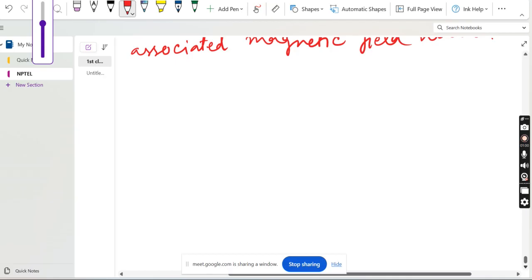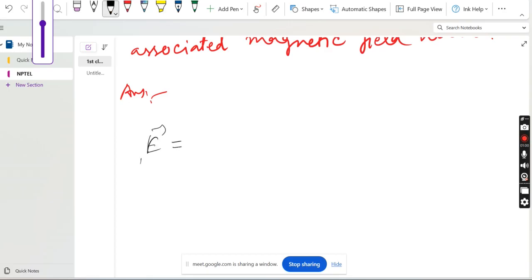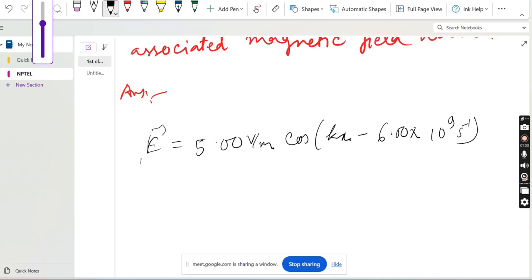So from the equation, the equation is 5.0 volt per meter cos of kx minus 6.00 into 10 to the power 9 second inverse t plus 0.40 pi. So the electric field is in the y direction.